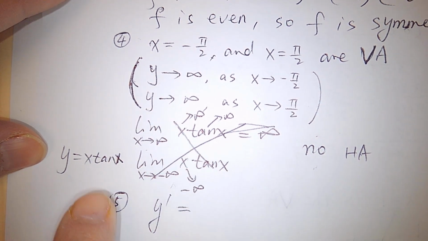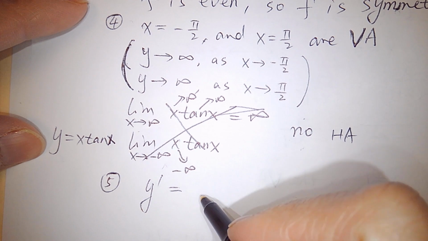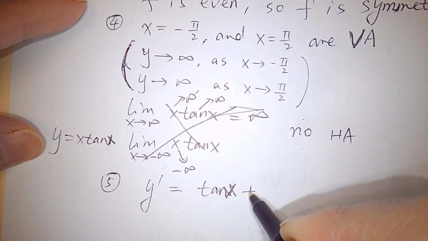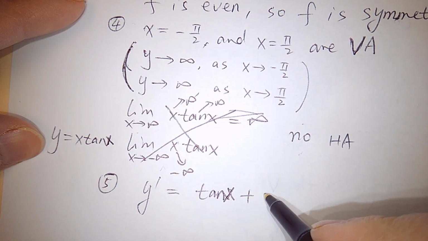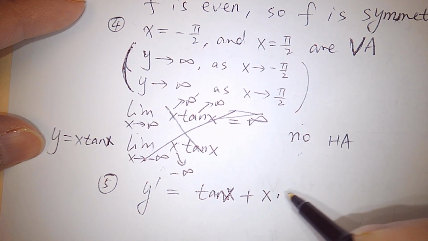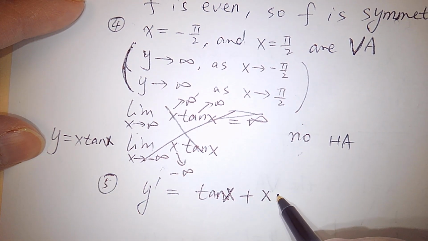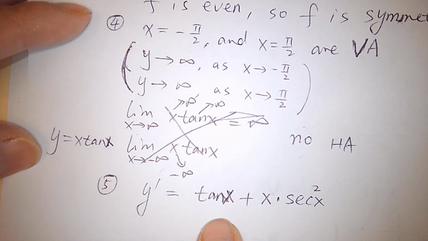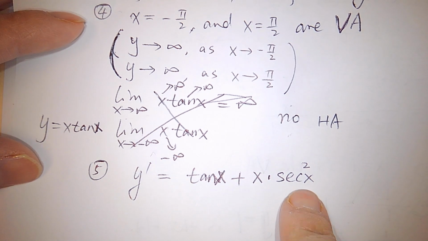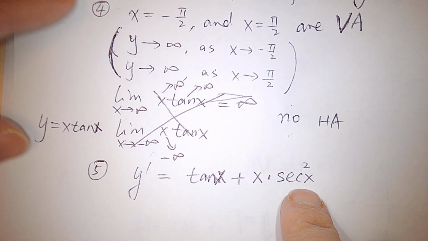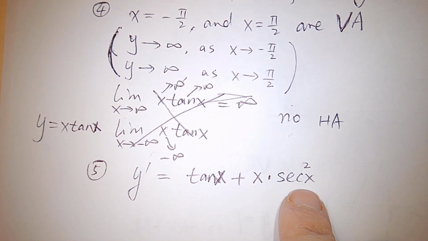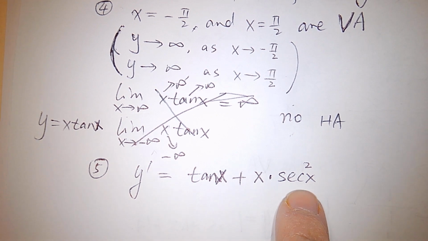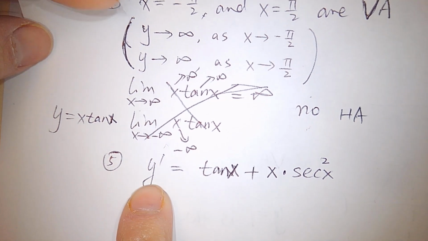By using the product rule, the derivative of x gives us tangent x, then plus x times the derivative of tangent x. Anyone know? Is it secant x squared? Yeah? Okay, so this is y prime.